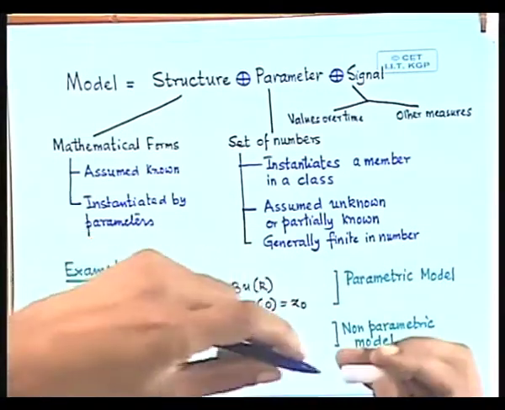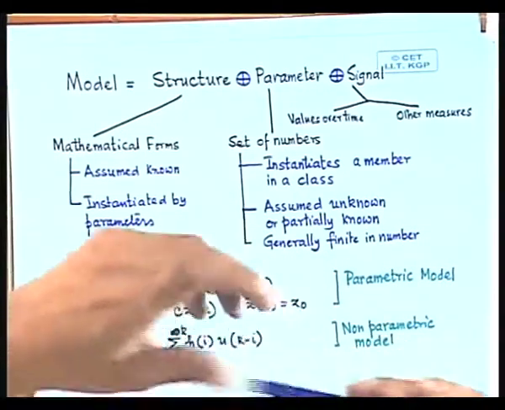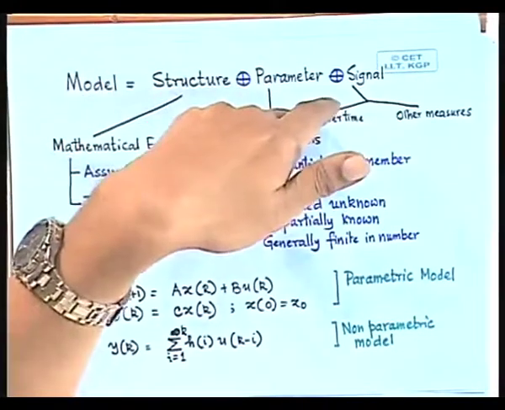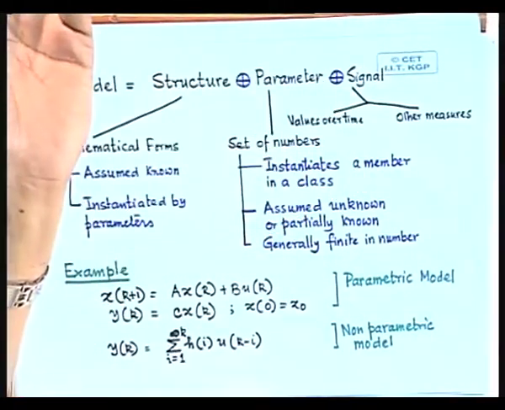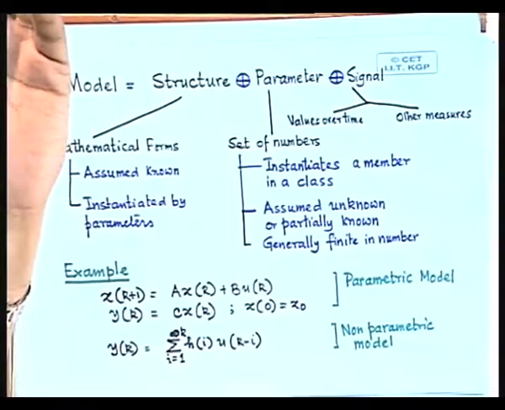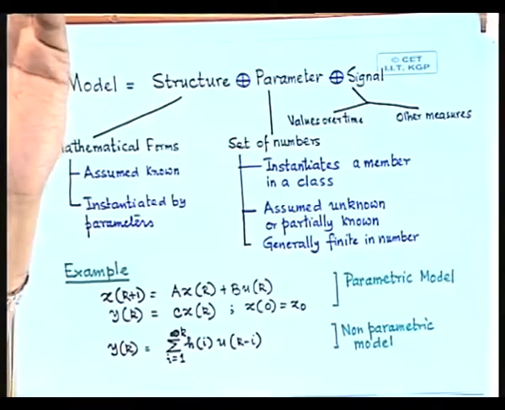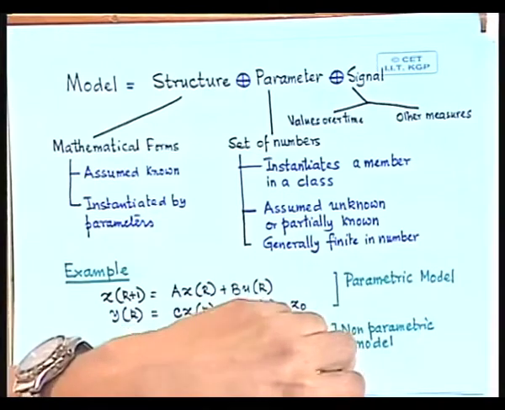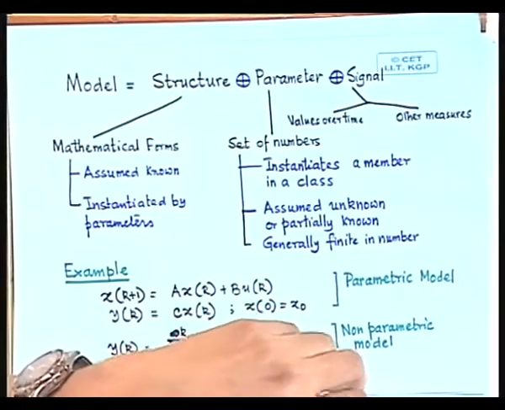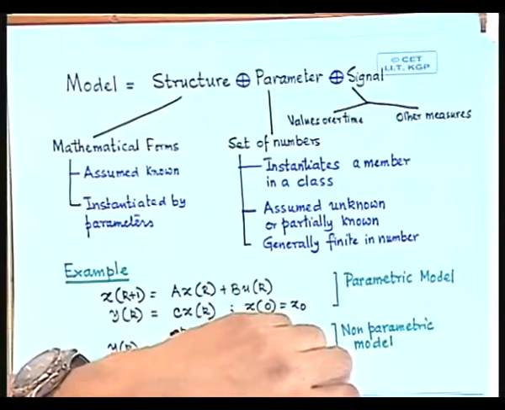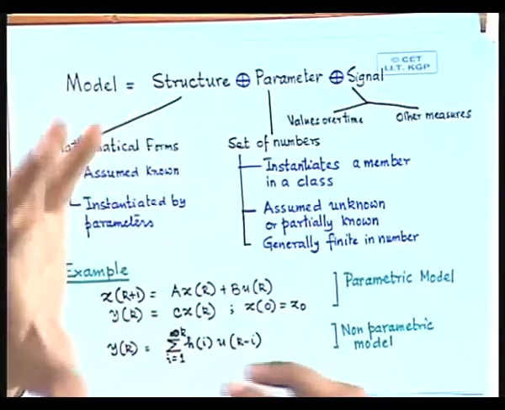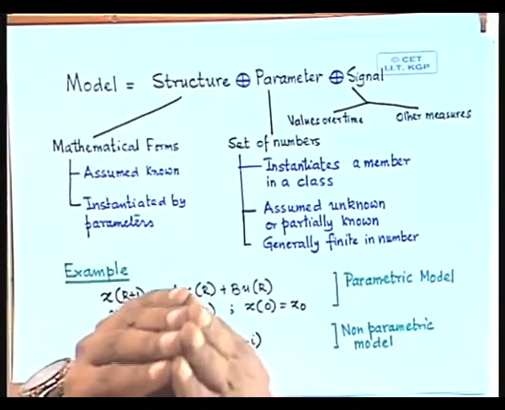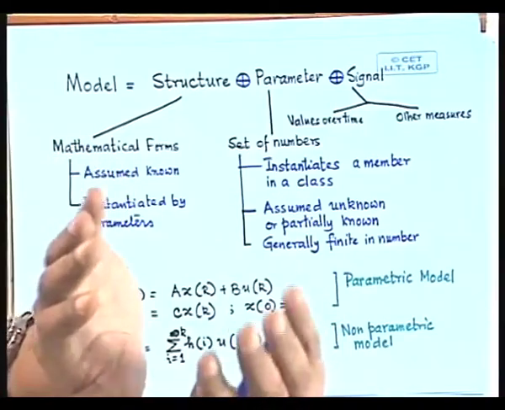Now, all models, as I have described, have parameters. That is a fact. But still some models are called non-parametric models and some are called parametric models. Why? Because generally finite descriptions are good.